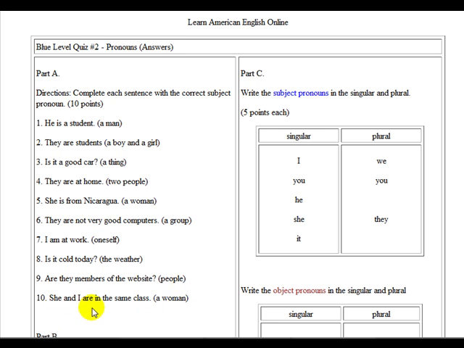She and I are in the same class. Well, a woman, she is for a woman, and I, that could be for a man or whatever. But since there's two people, it's the plural form, so we use the plural verb there. You know, she and I are in the same class.